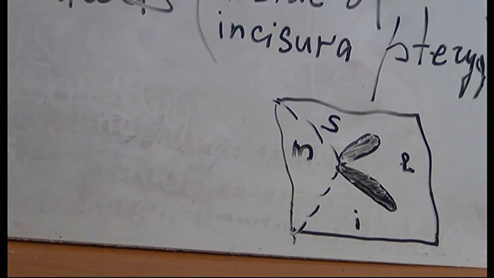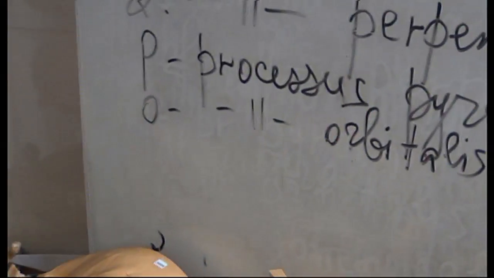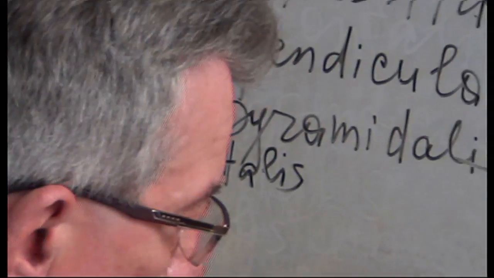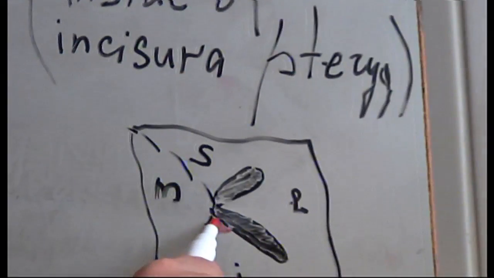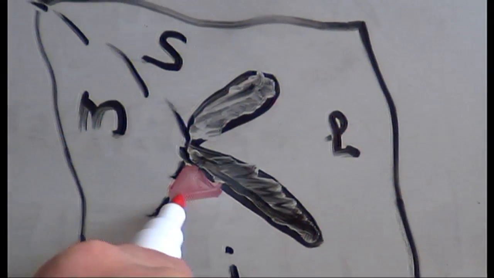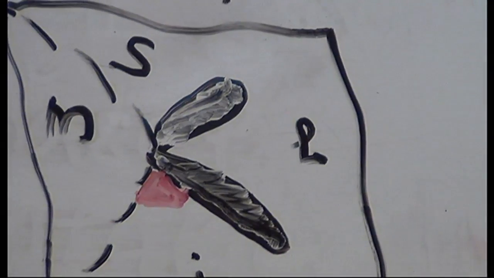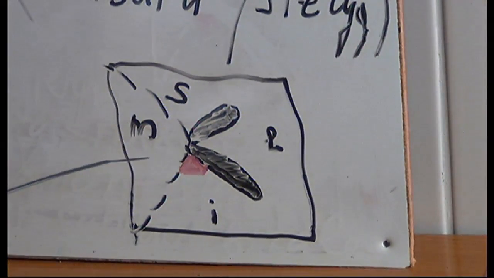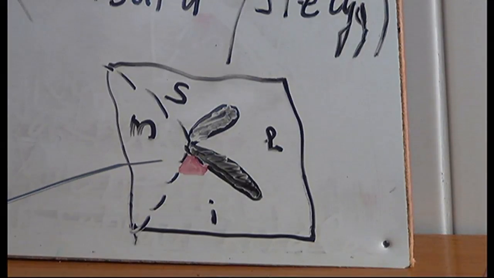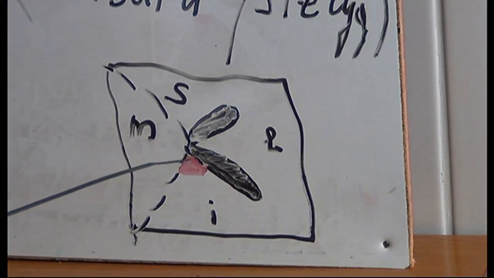And this process, the orbital process, is placed here. A very small structure, here it is, very small structure in the deep of the orbit and in the apex of the orbit.